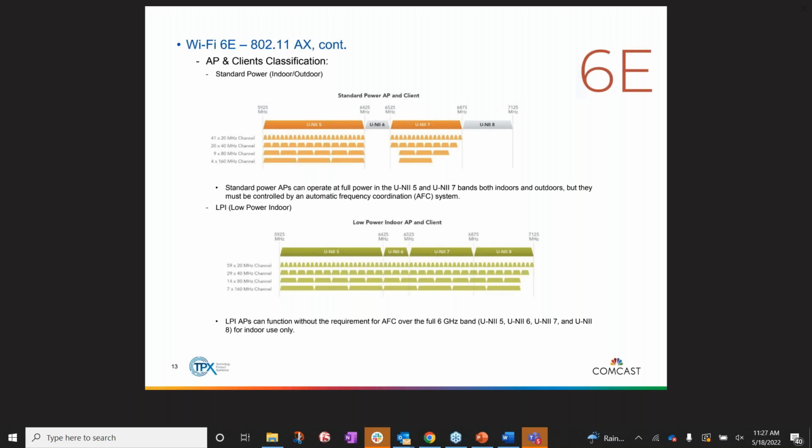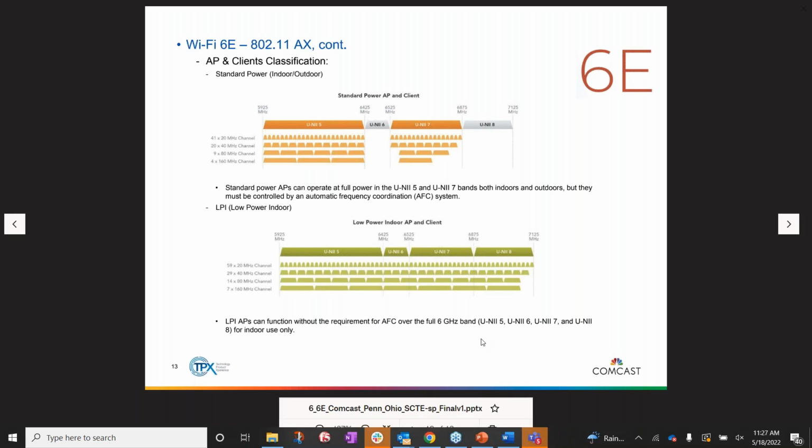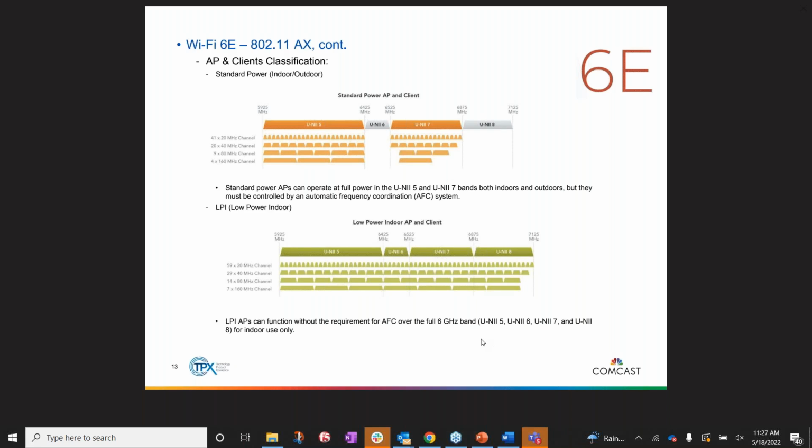All those details are provided to the database, then it can approve or deny depending on the condition. If any other incumbent service is already present in that range, then it might deny. Or if it is not there, it will get an approval from the database: yes, you can go and operate. So that is the condition here.